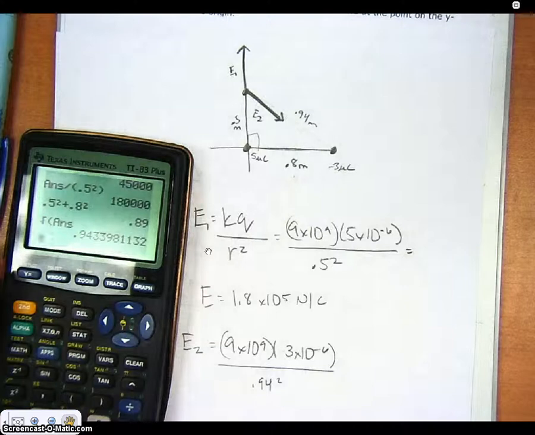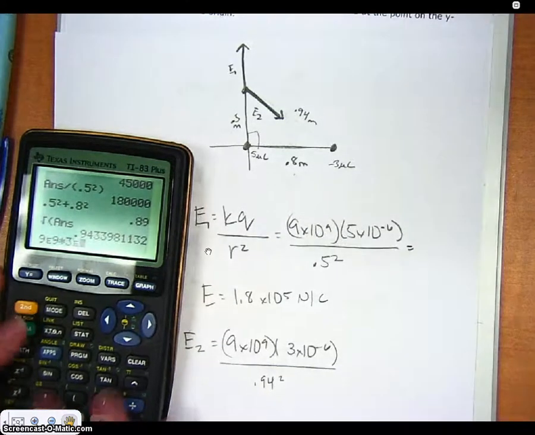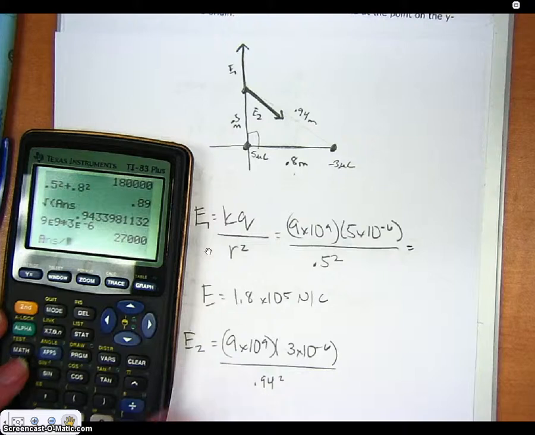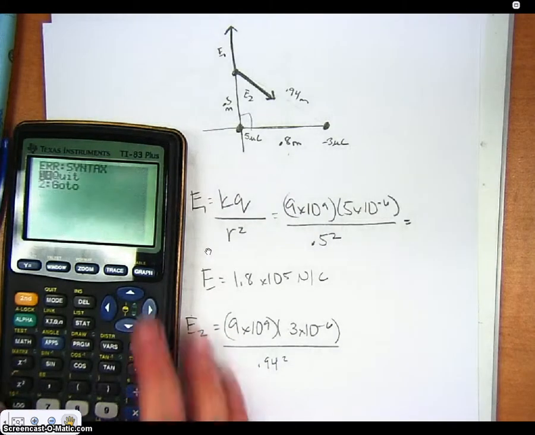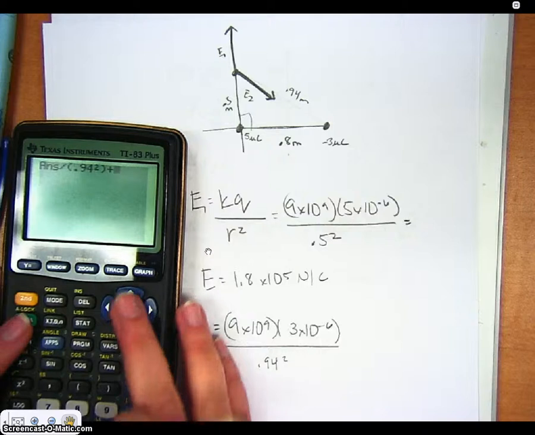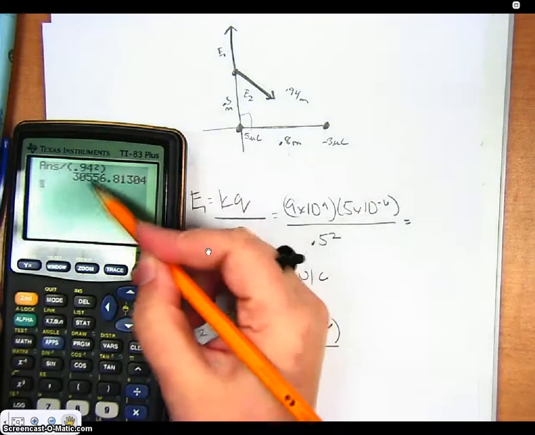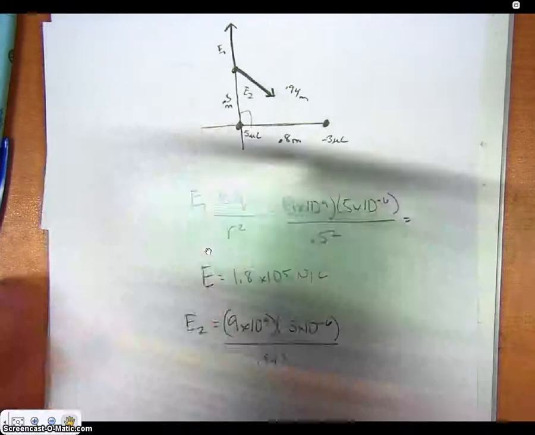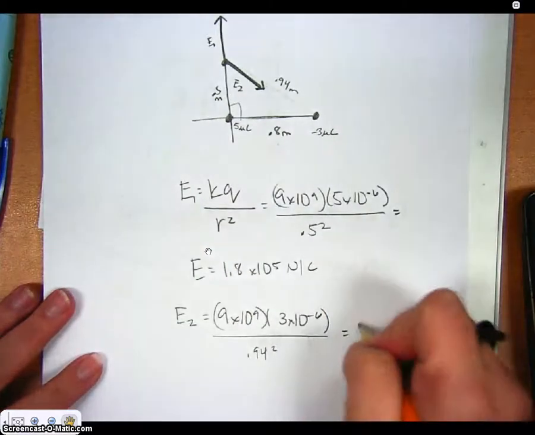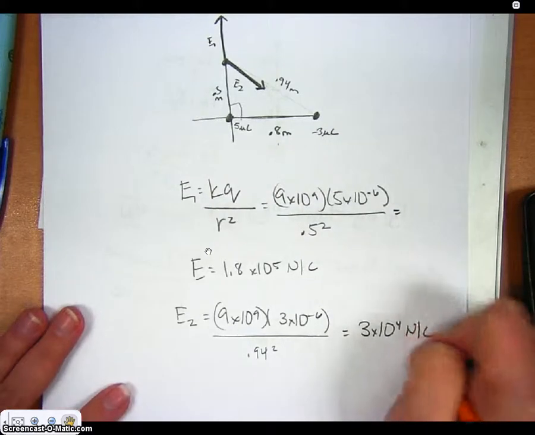So 9e9 times 3e-6 divided by 0.94 squared gives 3 times 10 to the 4th newtons per coulomb.